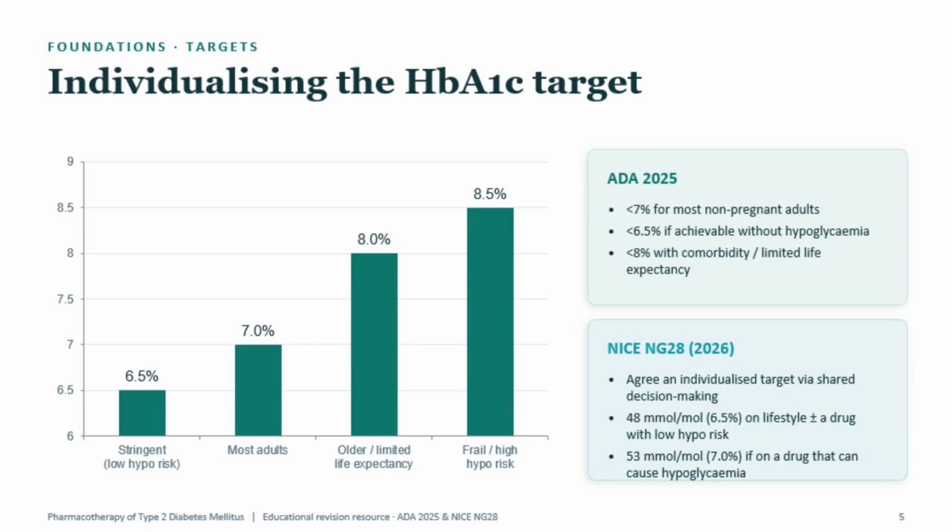But in someone older, frail, or with a limited life expectancy, chasing a tight number does more harm than good, so we relax it to 8 or even higher. NICE says the same thing in different words. Agree the target together and set it by how likely the drugs are to cause hypoglycemia. Tighter targets, safer drugs. That's the theme.